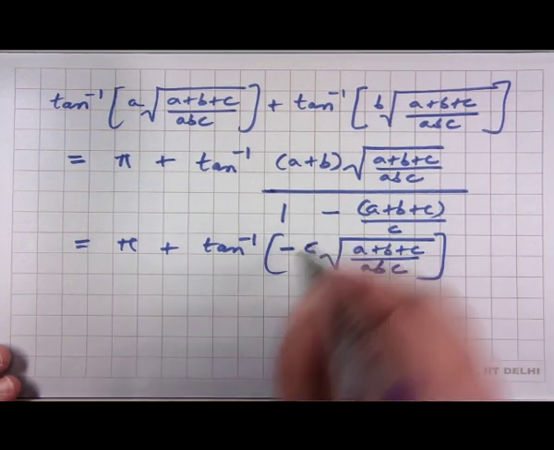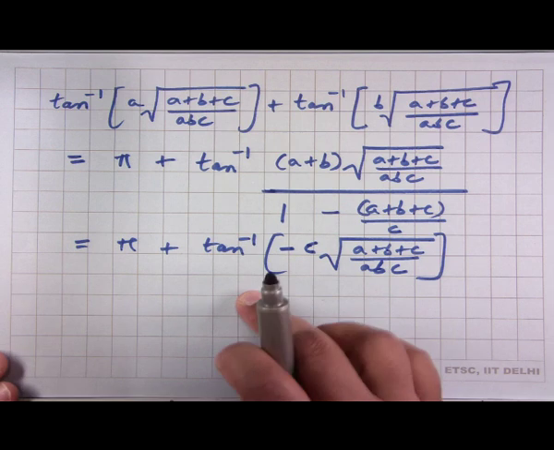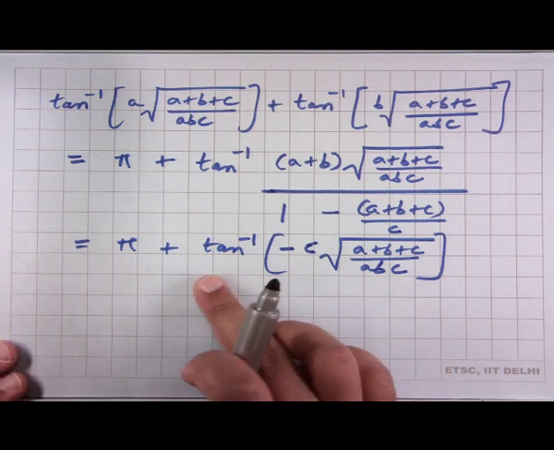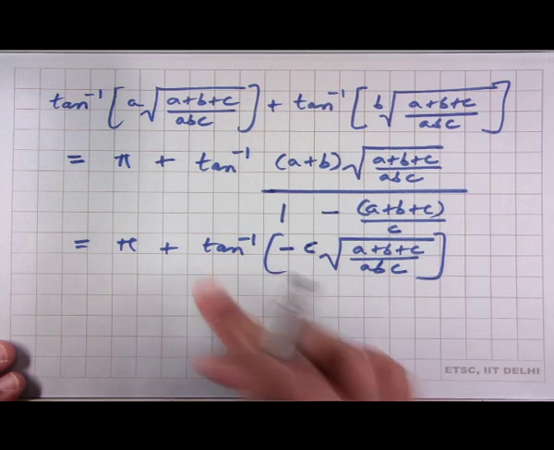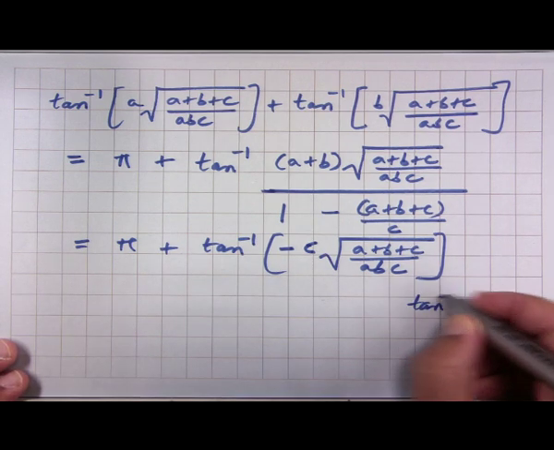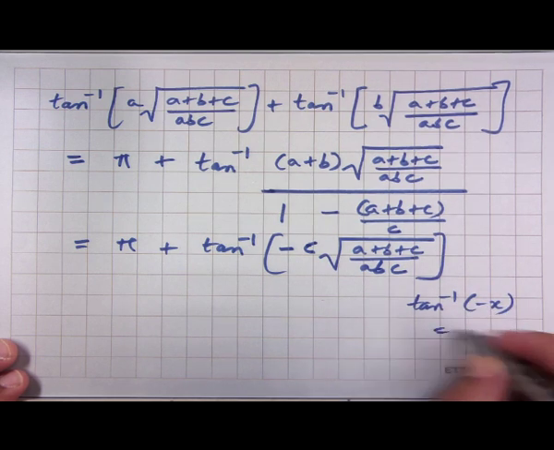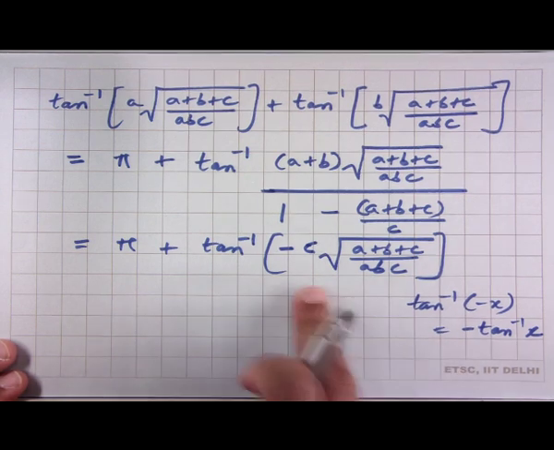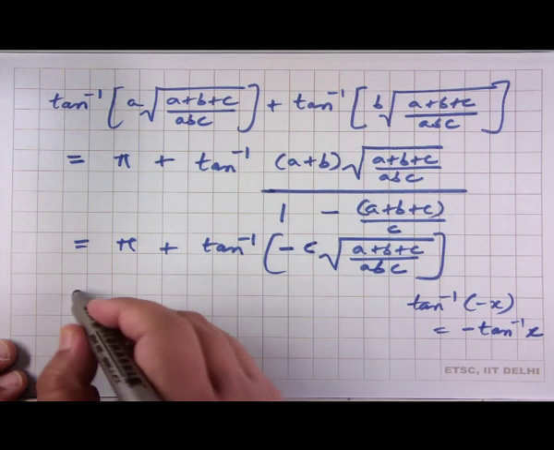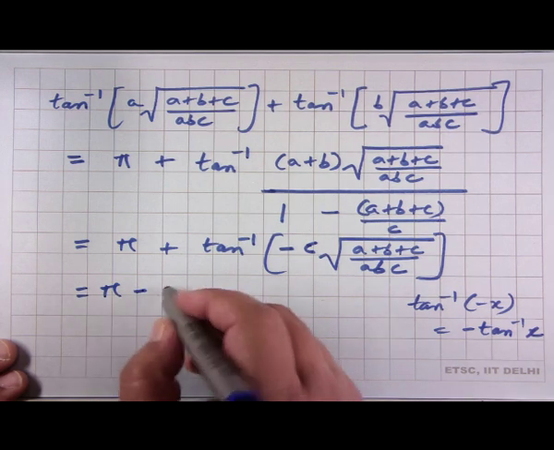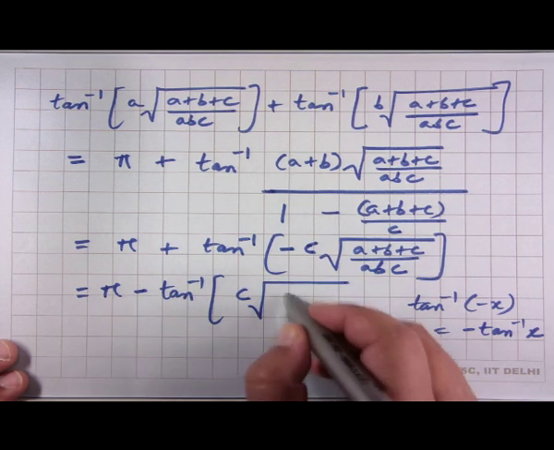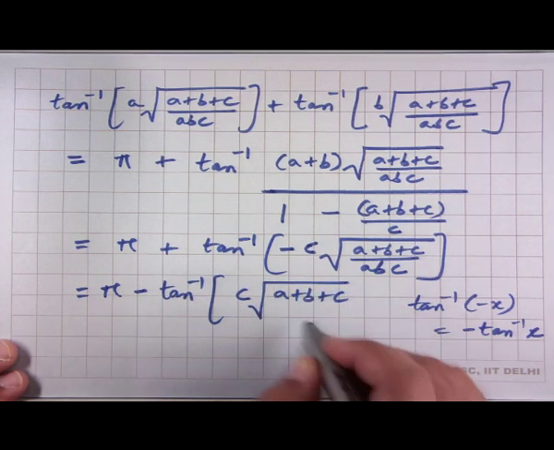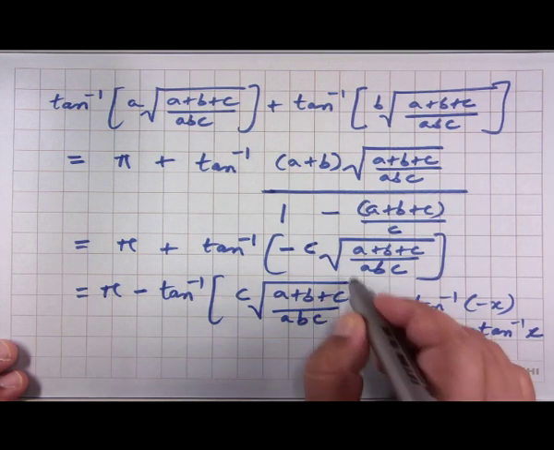Now we know that the tan inverse function is an odd function, and therefore for any x, tan inverse of minus x is equal to minus of tan inverse of x. So this is the result we are going to use here, and then we get this to be equal to pi minus tan inverse of c into square root of a plus b plus c over abc.